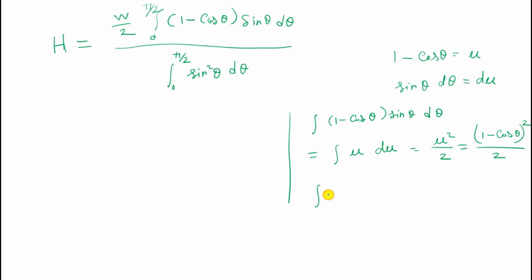And integration of sin square theta d theta from 0 to pi by 2 will be pi by 4.